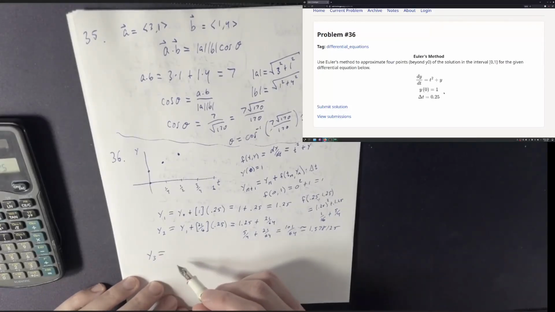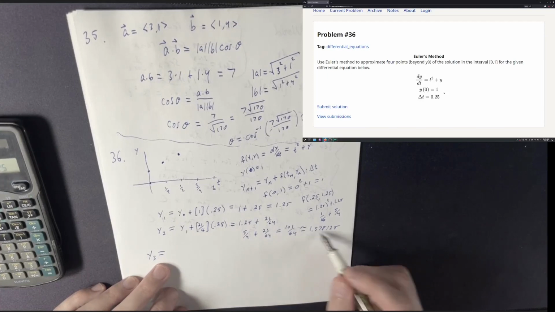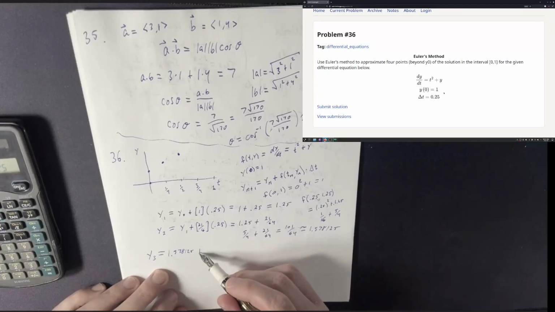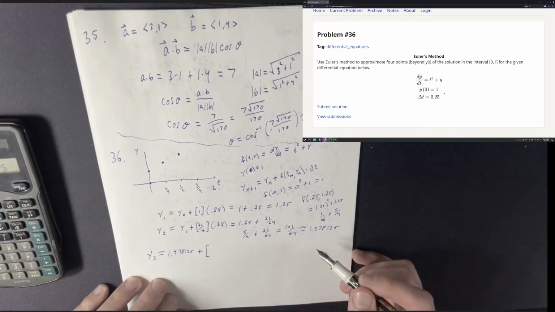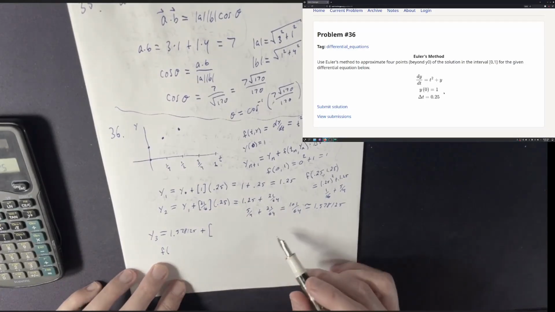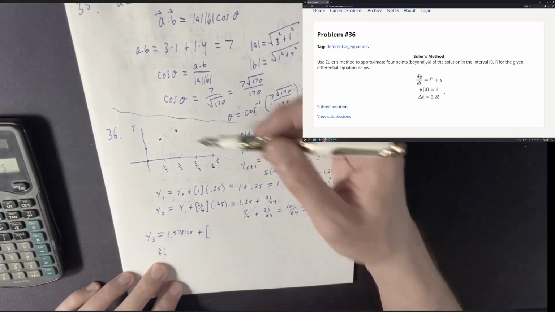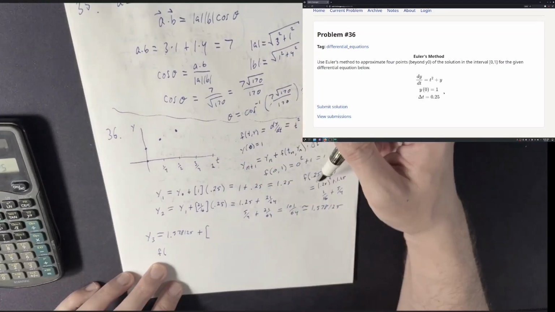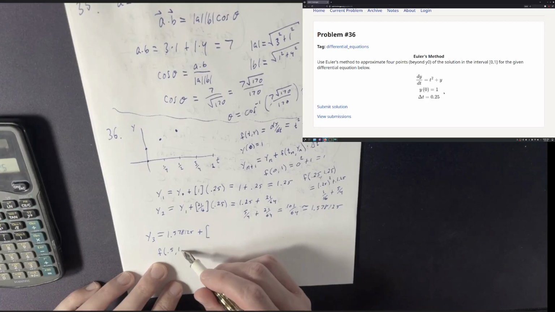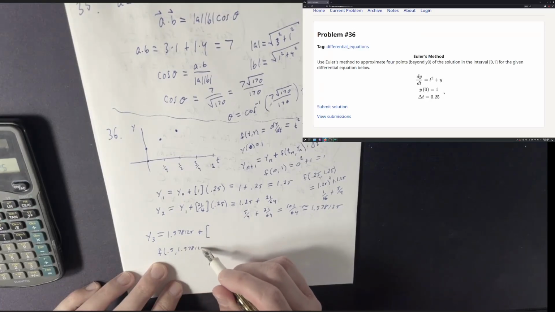y3 is this old value plus a slope, which I haven't computed yet for some reason. Let's get on that. Our old t value now is half instead of 1/4, so 0.5, and the old y value is this one, 1.578125.